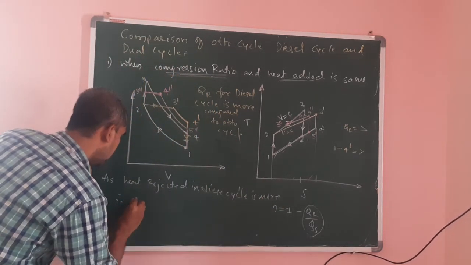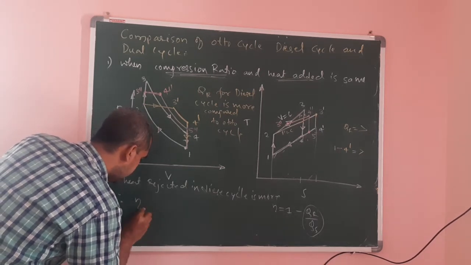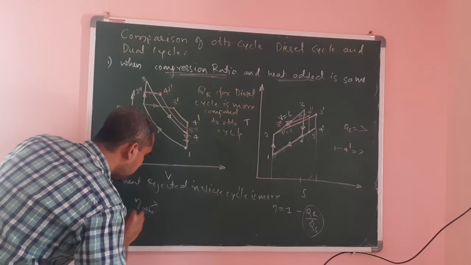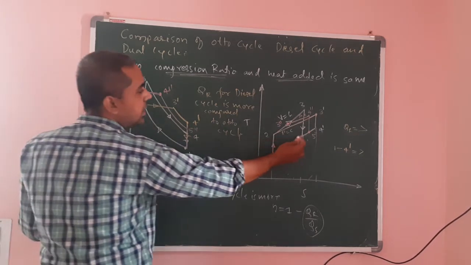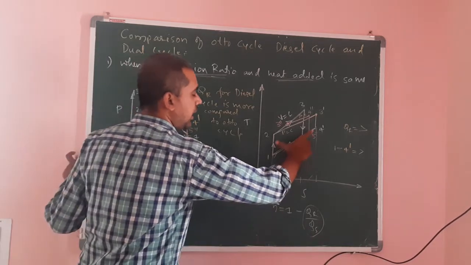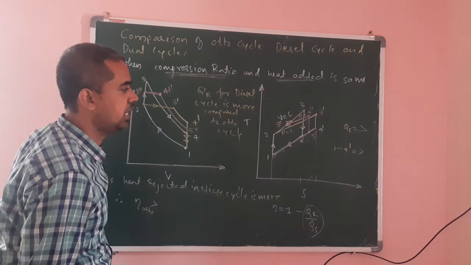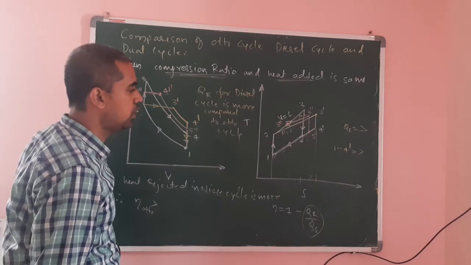Therefore, efficiency of the Otto cycle will be greater. The dual cycle will be in between, because the area under the curve 1 to 5 double dash is in between that of the area under the curve 1 to 4 and 1 to 4 dash.